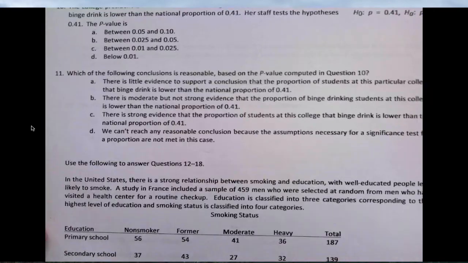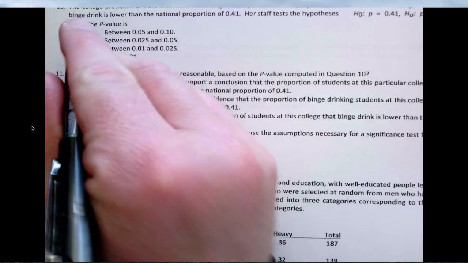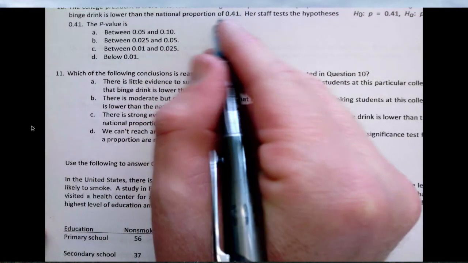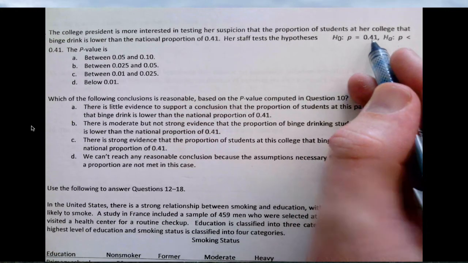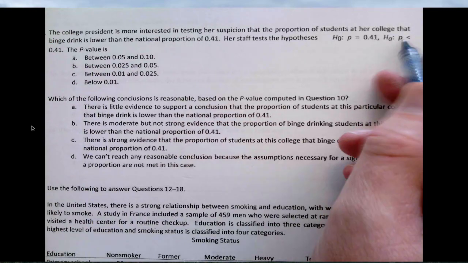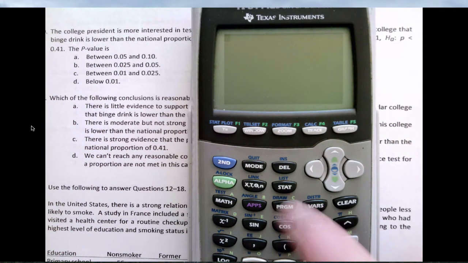All right, the college president is more than interested in testing her suspicion that the proportion of students at her college that binge drink is lower than the national proportion of 41%. Her staff tests the hypothesis that the true value is 41% versus the alternate that the true value is less than 41%. The p-value is what? Okay, so let's just run it and get what we end up with here. All right, so running the program.